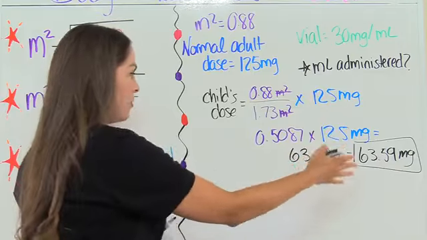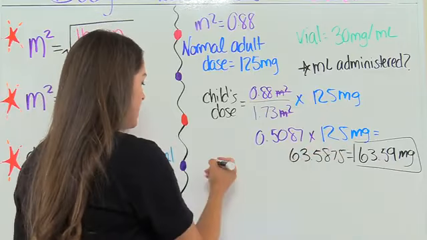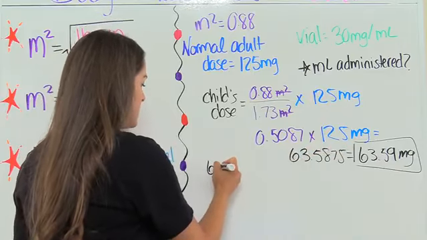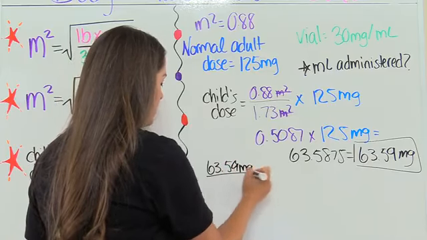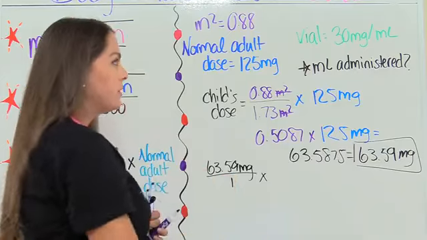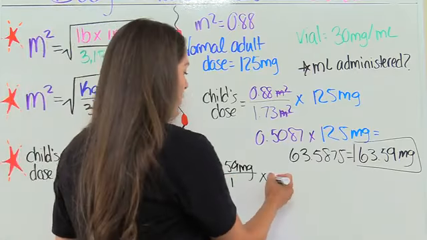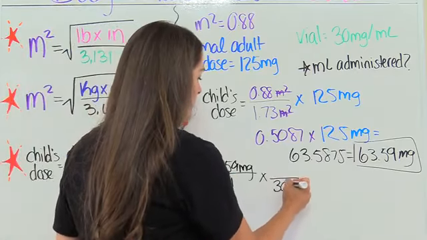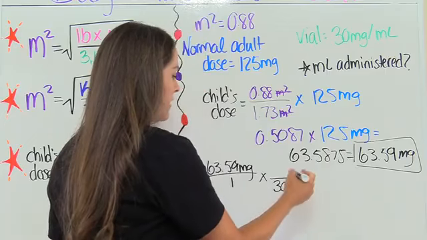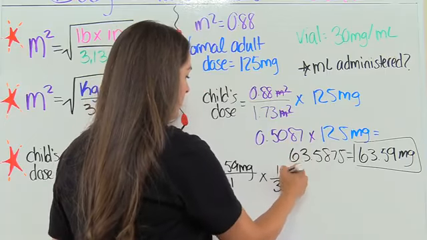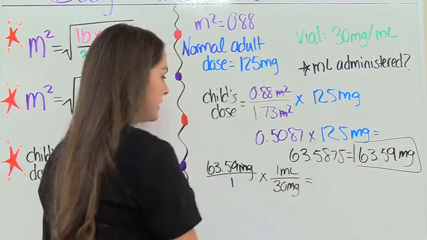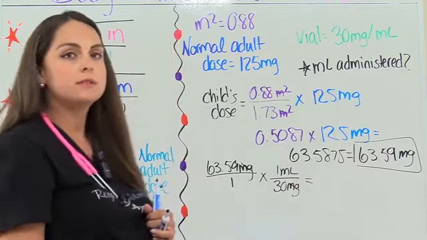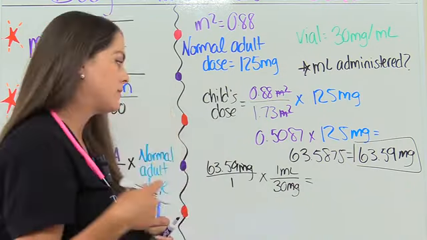So to do that, we're going to use some dimensional analysis. So our child dose is 63.59 milligrams. That's how much they need. Our vial says that 30 milligrams in that vial is equal to 1 milliliter. That cancels out milligrams. We're left with just milliliters, and we're ready to solve. Multiply everything at the top, everything at the bottom, and then divide.